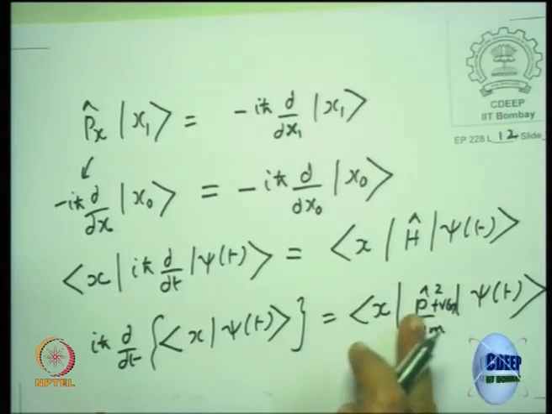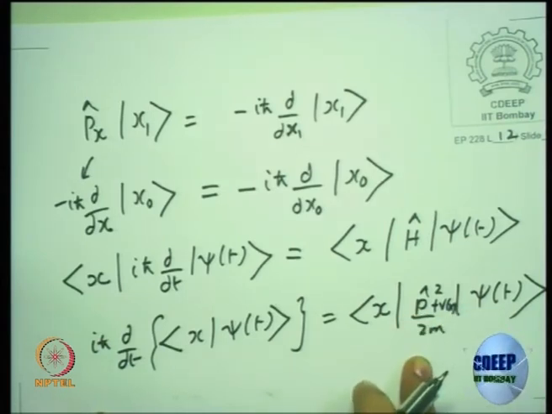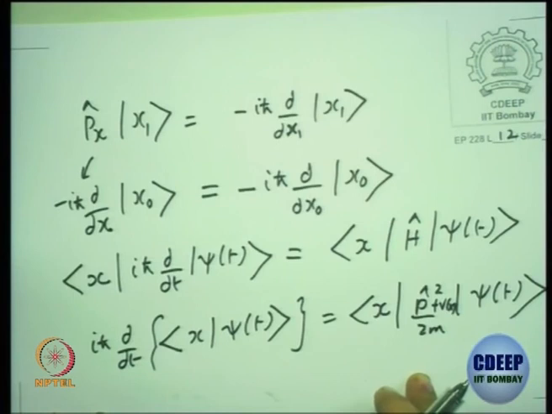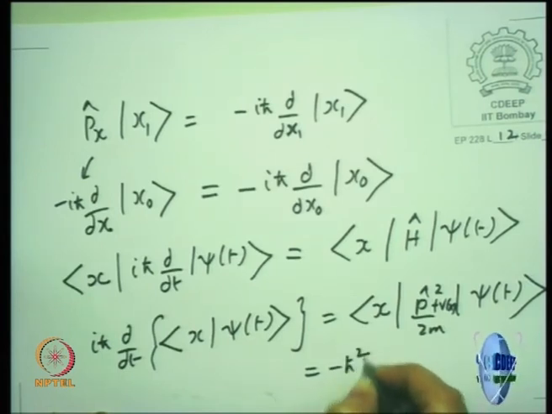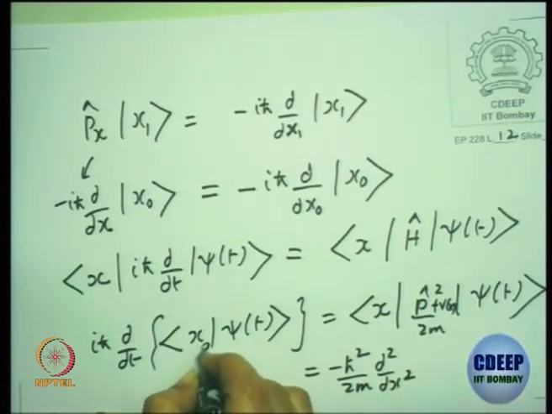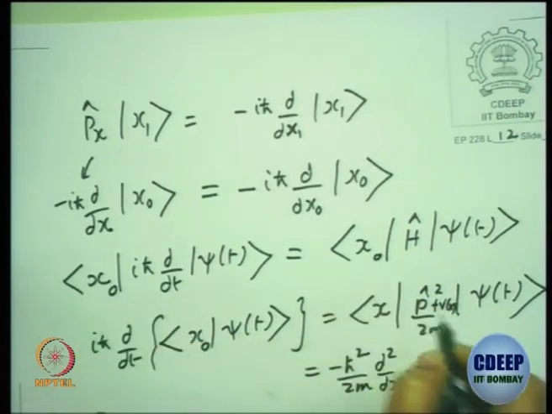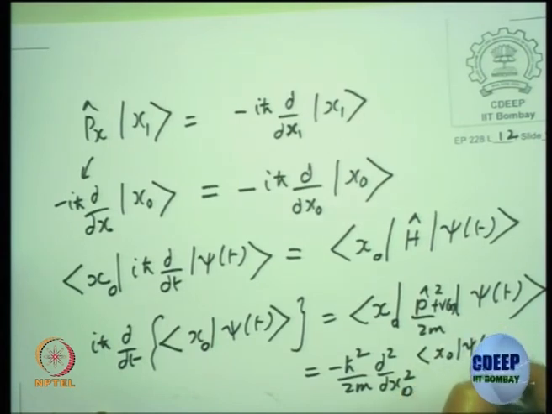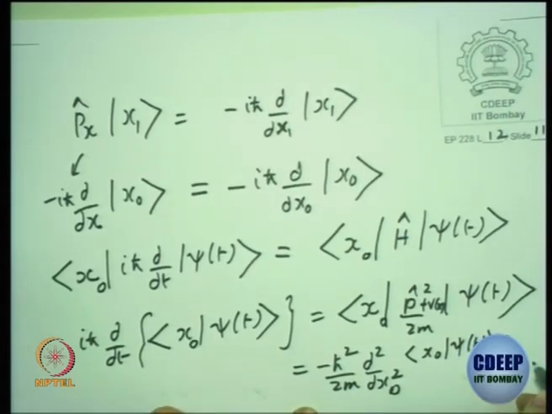The p has a position representation, which is minus i h cross del by del x in 1 dimension. So, you can rewrite this as minus h cross squared by 2m del squared by del x squared, more precisely with an x naught here, acting on x naught with psi of t, plus this term v of x.